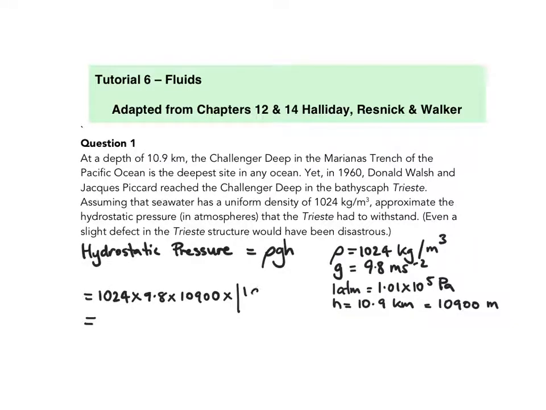Remember our bridge method, 1 ATM is 1.01 by 10 to the 5 pascals. Okay, so that's going to give us around about 1.08 by 10 to the 3 atmospheres. Ouch.